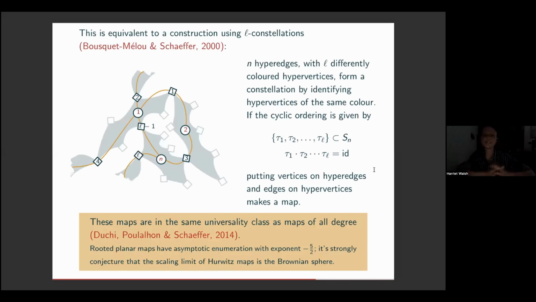And where these have appeared in literature, most notably studied by Bousquet-Mélou and Schaeffer, as well as by Duchi, Poulalhon, and Schaeffer, this construction has been shown to be part of the universality class of maps. So maps have these kind of universal enumeration in the planar case, as well as a universal scaling limit, which is strongly conjectured for these Hurwitz maps as well.